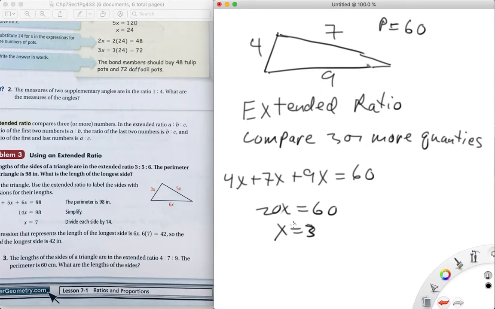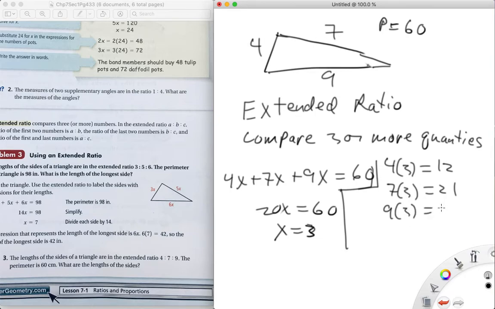Since x equals 3, I'll plug in the 4 times 3, which equals 12, 7 times 3, which equals 21, and 9 times 3, which equals 27.